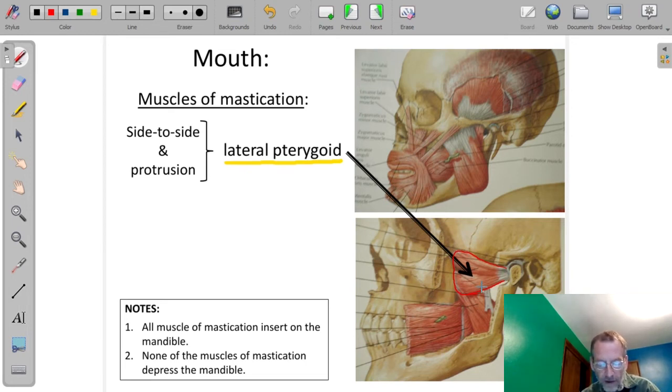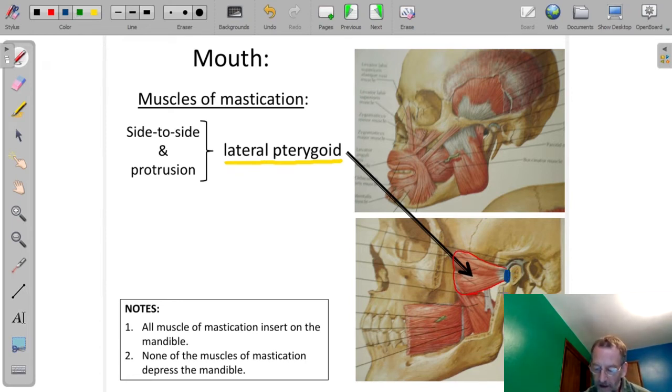And it's involved with side-to-side movement. So when you shift your mandible right or left during chewing, or when you jut your mandible forward and protrude your jaw, that's the action of the lateral pterygoids. A couple of notes. All of these muscles of mastication insert somewhere on the mandible. So for example, the lateral pterygoids are inserting near the condyle.